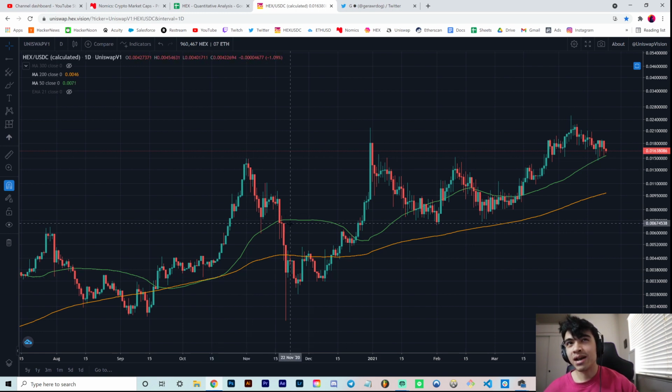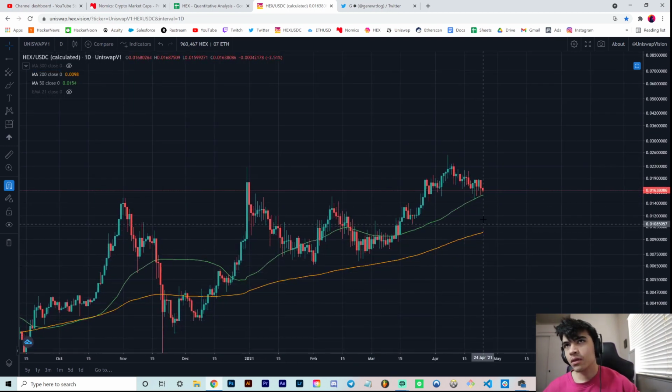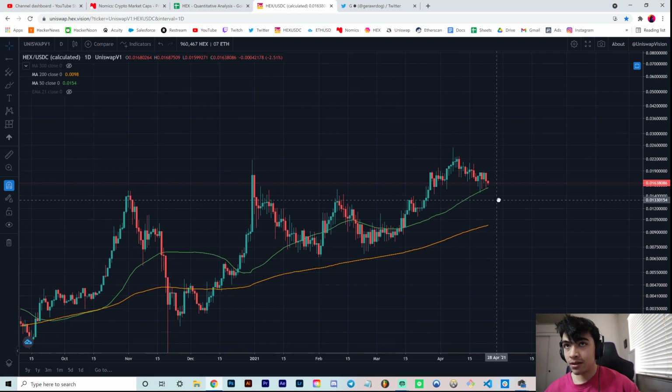Sure, we've had price dip beneath both the 50-day and the 200-day. Here you can see our 50-day was approaching our 200-day, but for the most part it's just been oscillating and it's been above. The 50-day is above the 200-day moving average, and price is above the 50-day moving average, which is good in general.